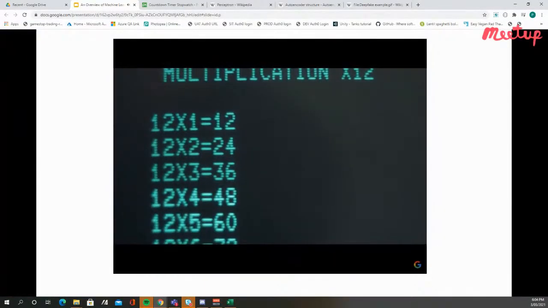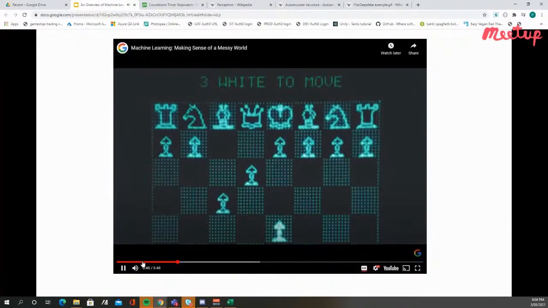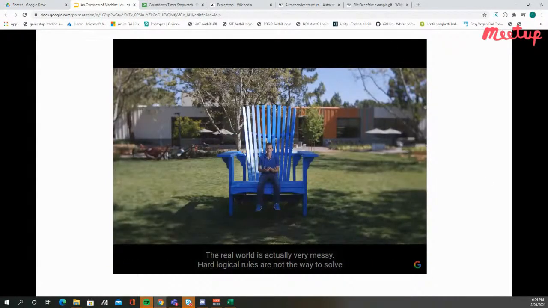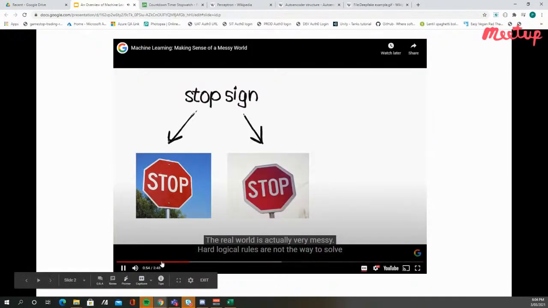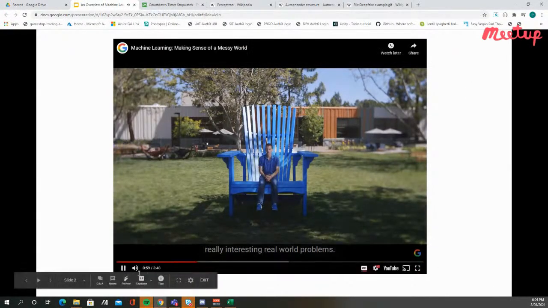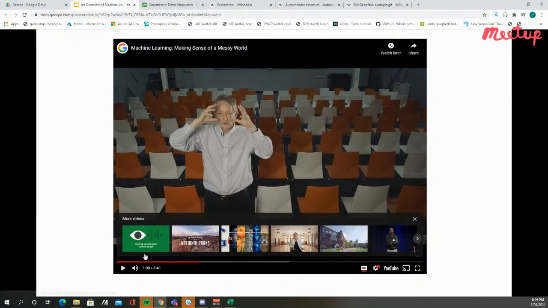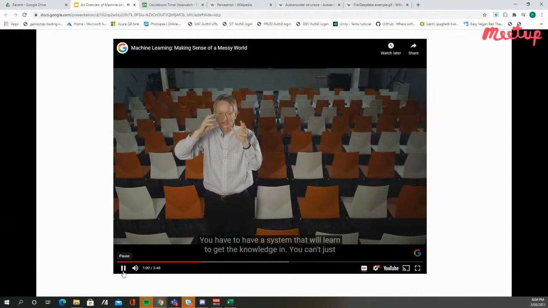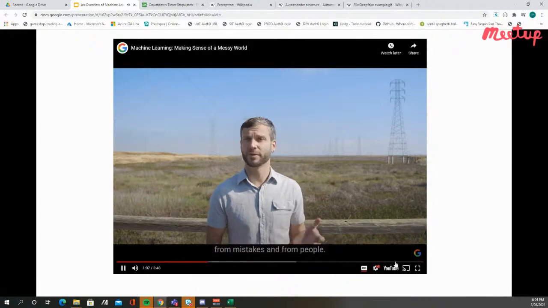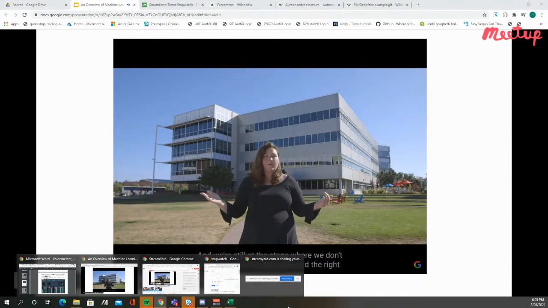But we realized that hard logical rules are not the way to solve the real challenges, the things that people can do every day. The real world is actually very messy. You have to have a system that will learn. You can't just program it all. Artificial intelligence is an effort to build machines that can learn from their environment, from mistakes, and from people. And we're still at the stage where we don't know what is the right path and the right breakthrough. There's certainly a whole raft of different approaches. One of the subfields is artificial neural networks, statistical inference, and probabilistic machine learning.